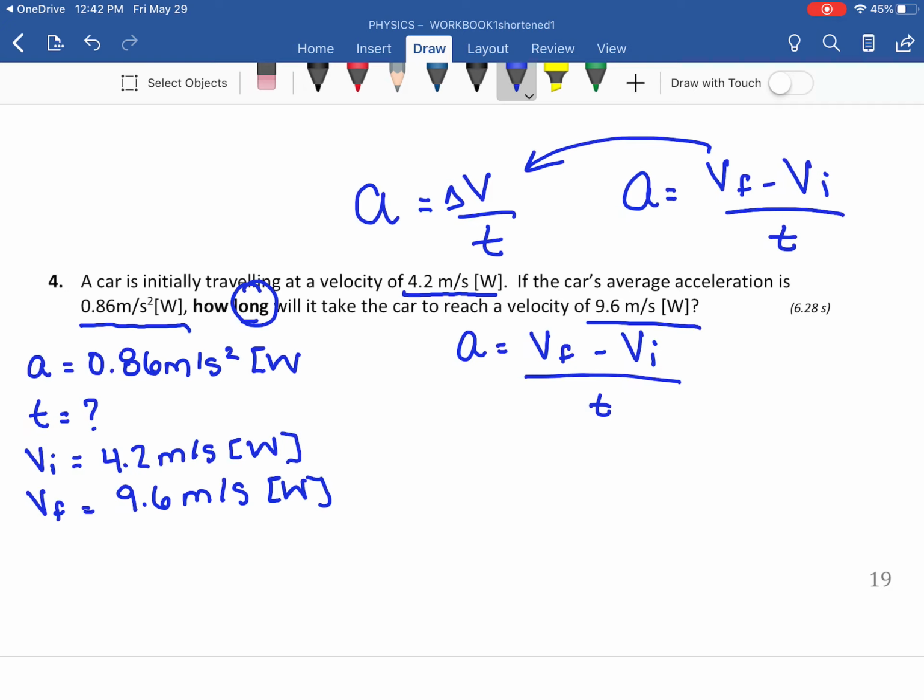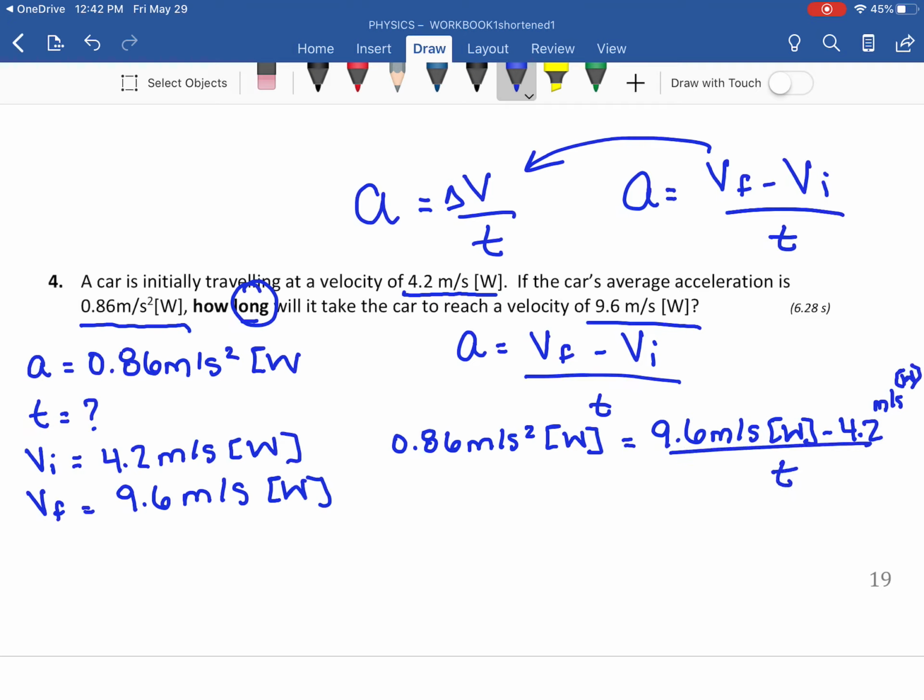Now I sub in the information that I know. My acceleration was 0.86 meters per second squared west, and my two velocities, and I'm dividing by time, which I keep as t because it's an unknown variable. In this case, I would just do that math first to clean up the numbers.